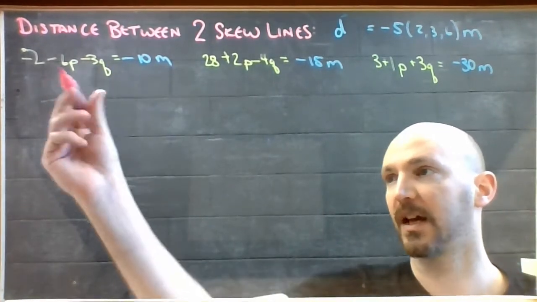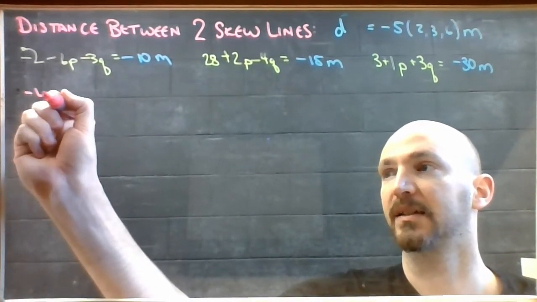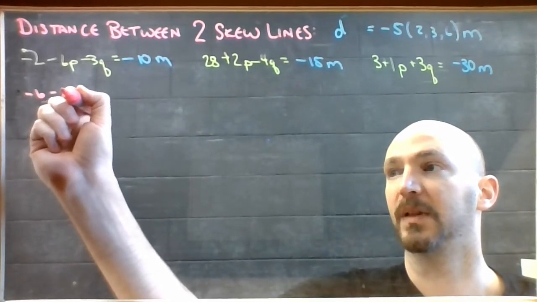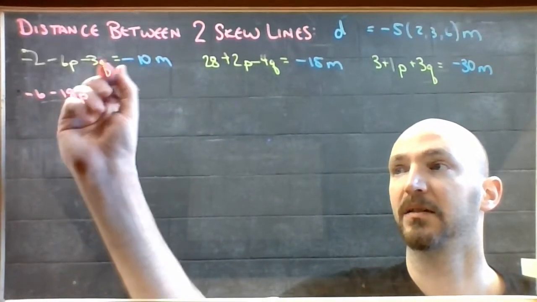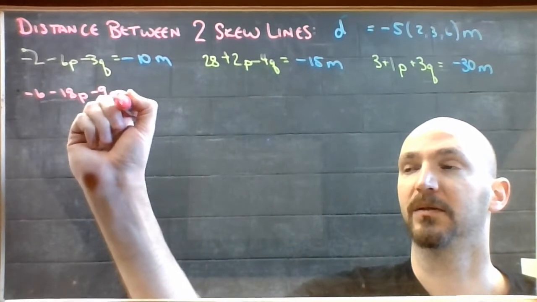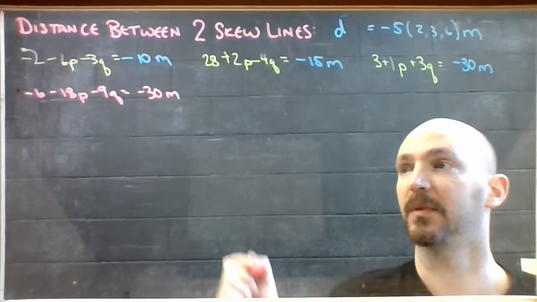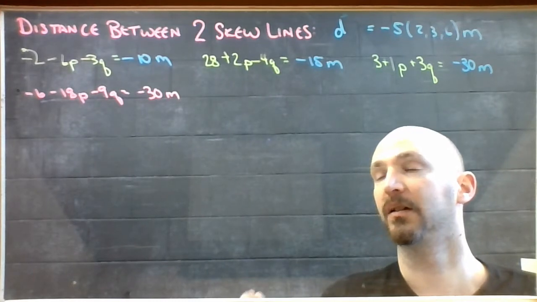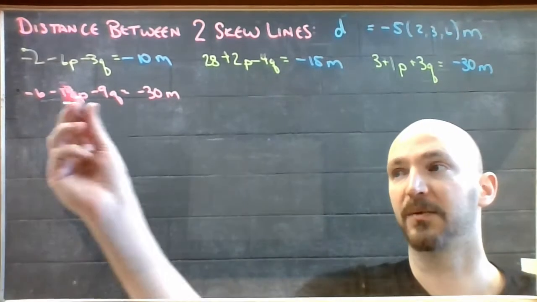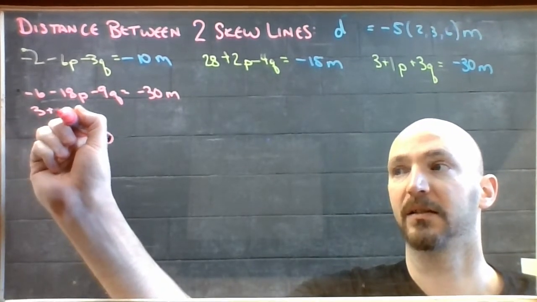This equation times 3 would be -6 -18p minus 9q equals -30m. And this equation here, I'm just going to write it underneath.